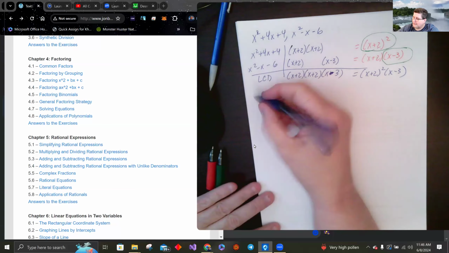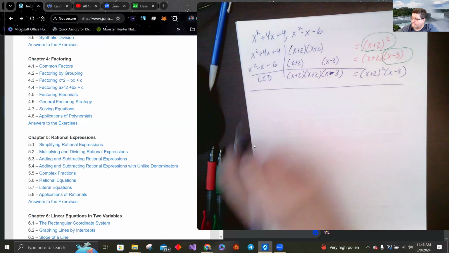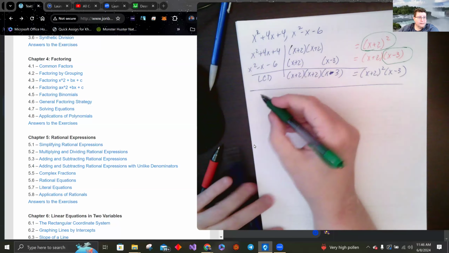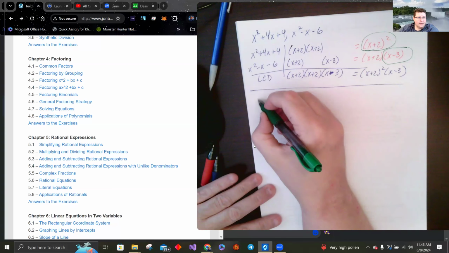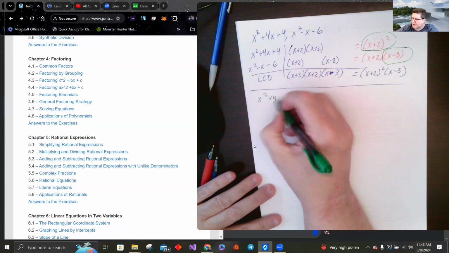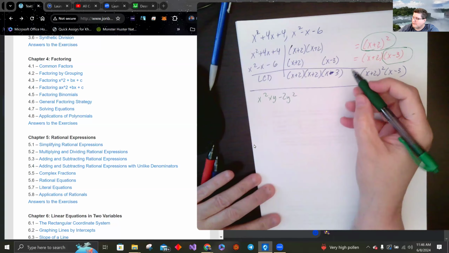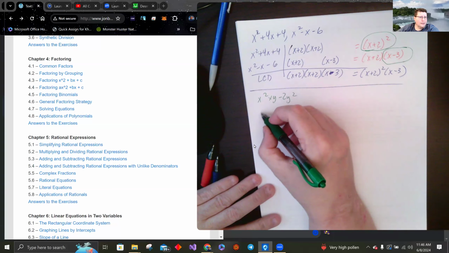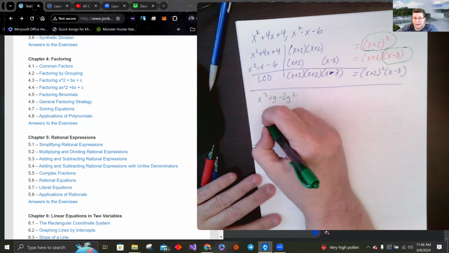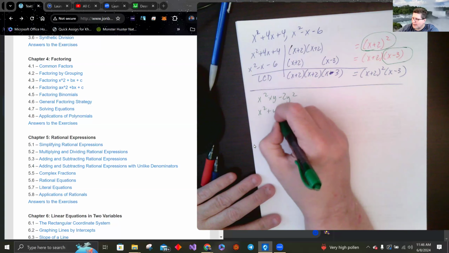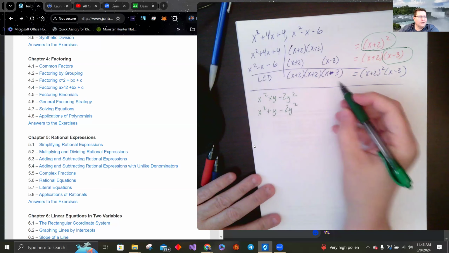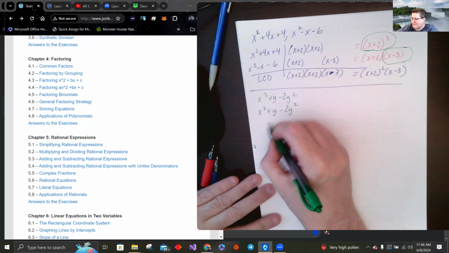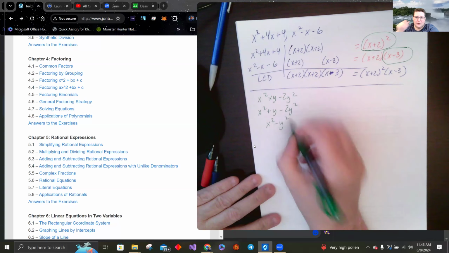All right, next example. x squared minus xy minus 2y squared, and x squared plus xy minus 2y squared, and a third denominator, x squared minus y squared.